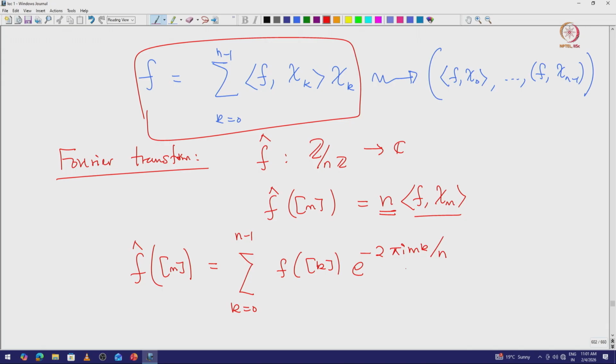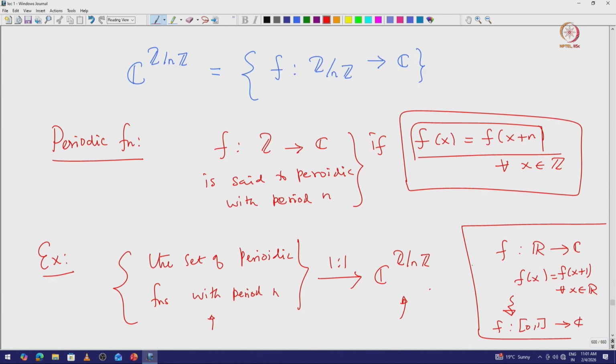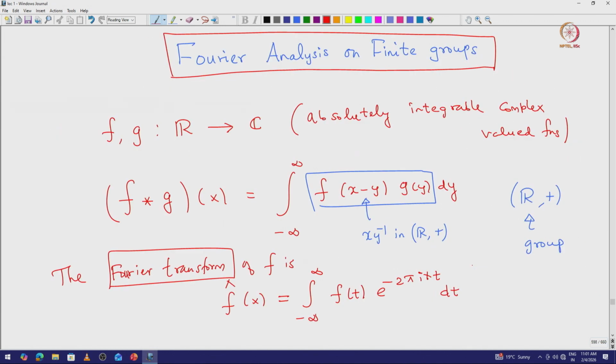So, now let us go back to the continuous version. You can see that in the continuous version we have taken this integral of f of t times e power 2 pi i x t.